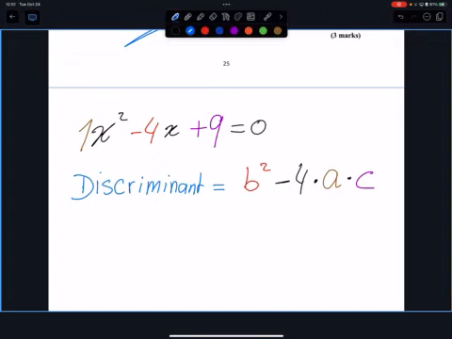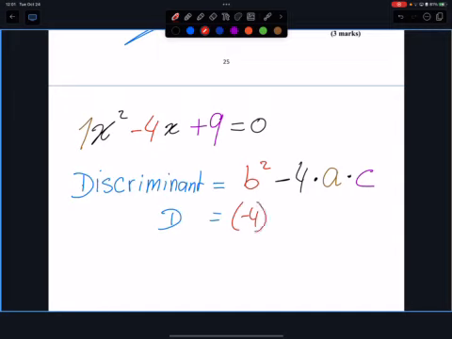For short, the discriminant, they just write D, which is negative 4 squared, subtract 4 times 1 times 9.